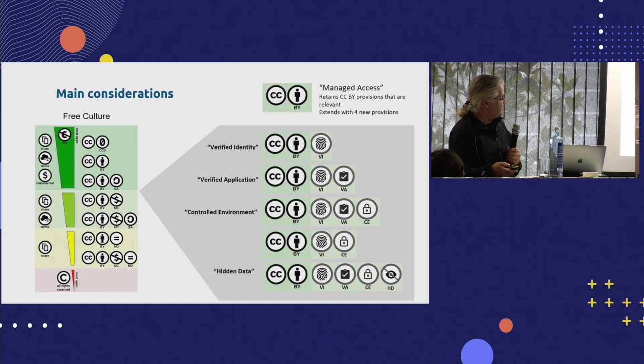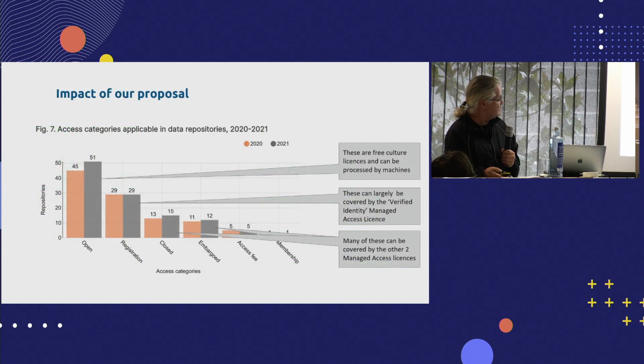So we've tried to fit that into an extended set of licenses that are modeled on the Creative Commons licenses. So we inherit typically something like a CC BY license, but with a mixture of these additional 4 provisions to take care of the different use cases that we want to address. And it means that many of the instances that we've identified can now be handled at least semi-automatically, if not automatically.